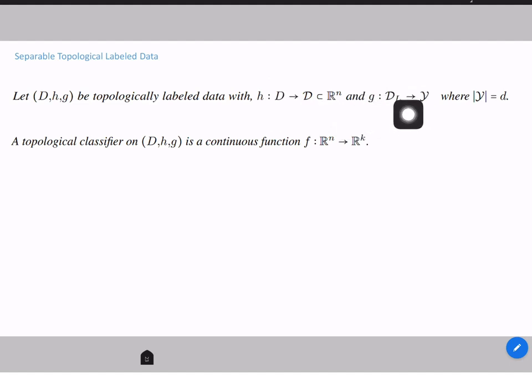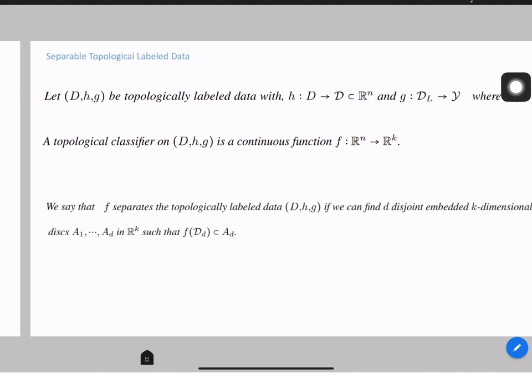G here is a function from the union of the various labels, which is just equivalent to what we had before. This represents this union of mutually disjoint and closed sets inside D. And a topological classifier is just a function from the ambient space of my data to some other space R^K. Note that this definition here is consistent with what a classifier is in a statistical sense.